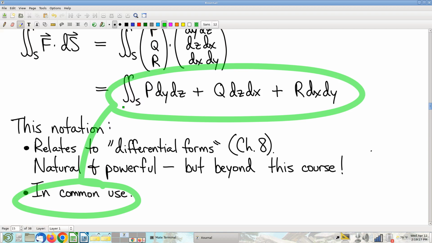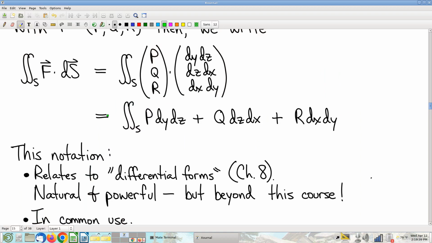So, point being, you're going to see this notation outside of this course. No matter what I decide in Math 219, you're going to see this in higher level physics and engineering courses. And so I need to make sure that when, not if, but when y'all see this notation, you know what to do with it.